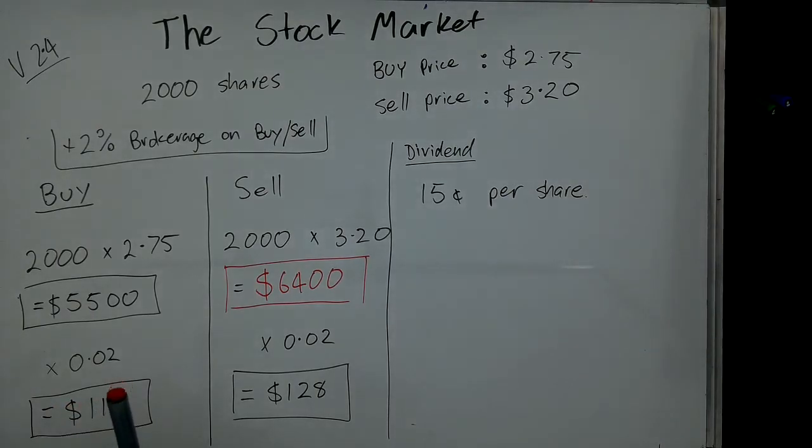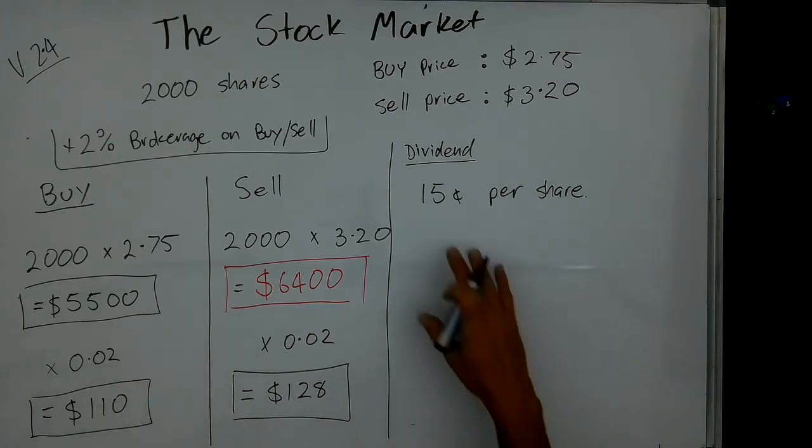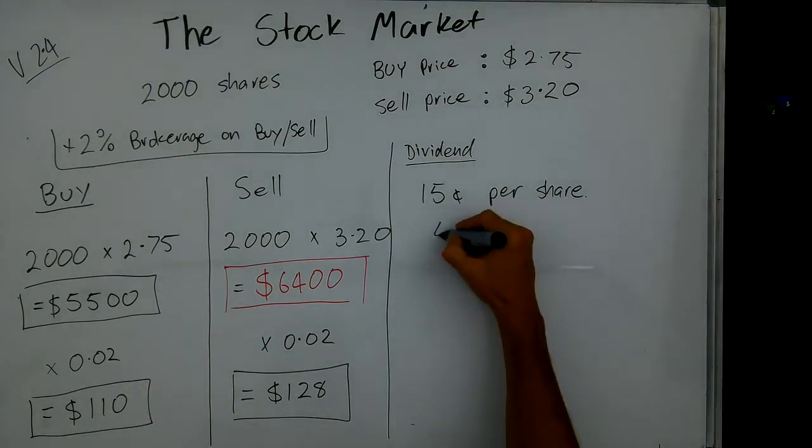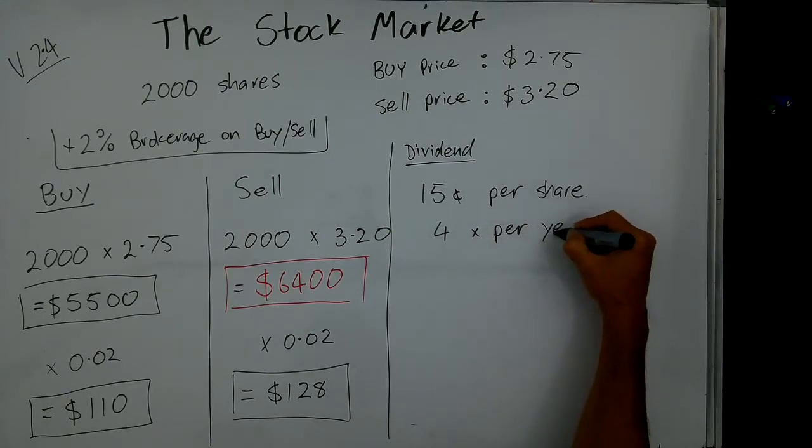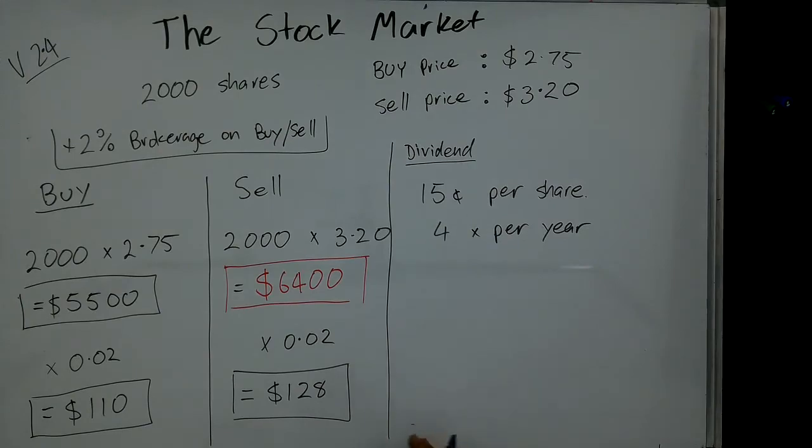I'm saying percent there, but it's 15 cents. Paid to shareholders. Okay, so this happens 4 times per year, and of course we have the shares for a whole year.